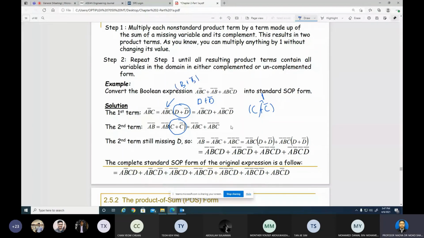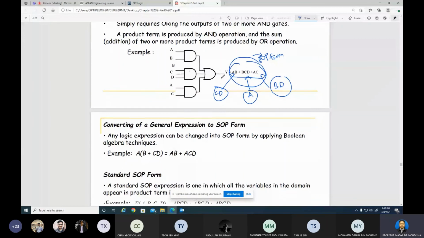Okay, then we go for another example here. All right, I will show how we can implement this. We have to multiply by A, so here we have B C D multiplied by A plus A bar.